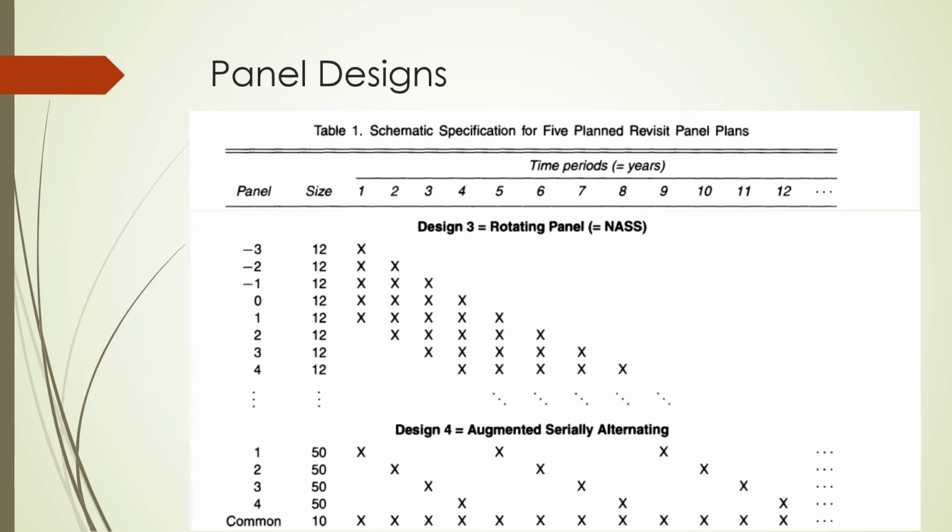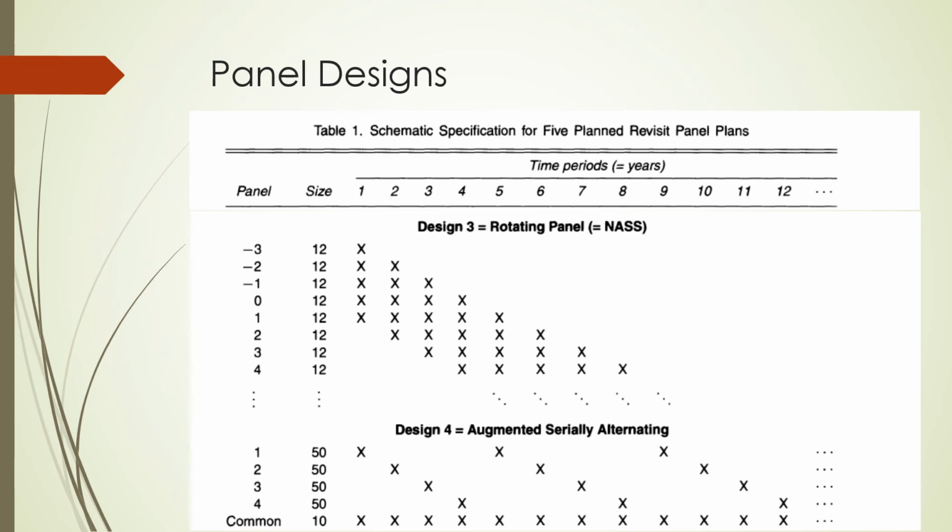You simply have this shortened entry at the beginning because you have to move through all of the different panels, and then you get into the consistent 5-year survey of those different panels. So again, it gives you more coverage of every area. You're not just restricting your surveys to the same sites every year, so you can get a sense of whether these patterns might be differing across your study area.